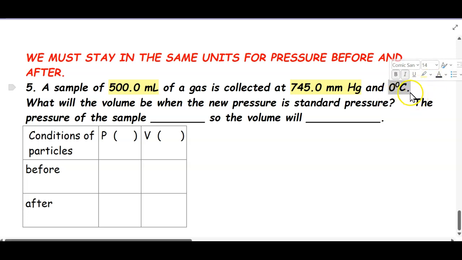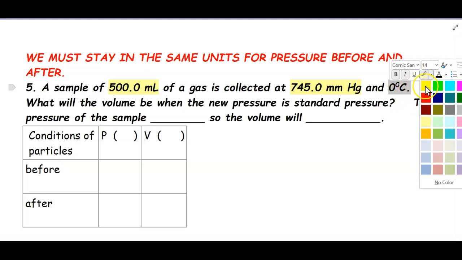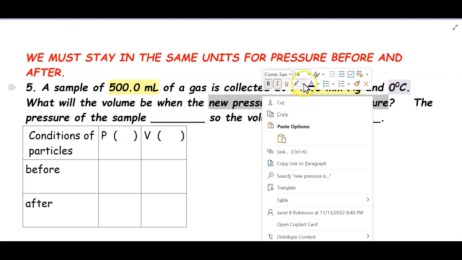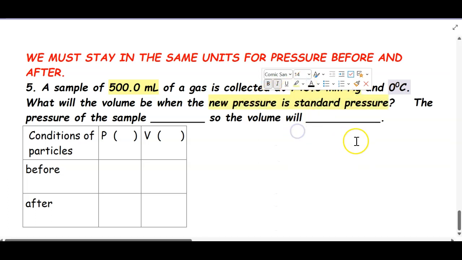We know that's freezing. So we will just put this to indicate this extra variable is just telling us that the temperature is remaining constant, and it's doing so at 0 degrees Celsius. What will the volume be when the new pressure is standard pressure? Oh, now this is getting a little more complicated, isn't it? Because it's expecting us to know something.